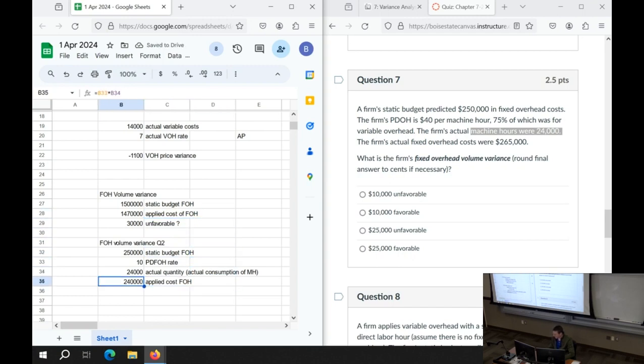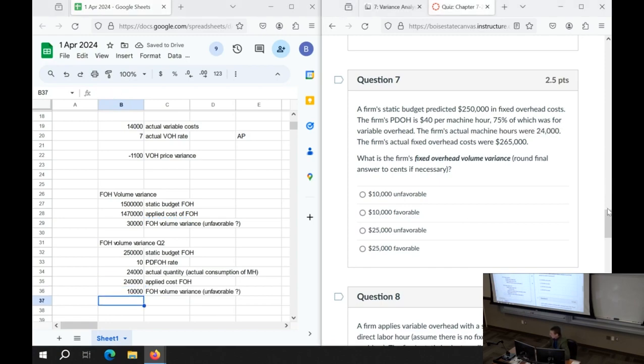We applied $240,000 of fixed overhead costs. So that should be our volume variance. Subtracting those two from each other: static budget minus applied overhead cost, 10,000, and it's positive. I'm considering it unfavorable as well.